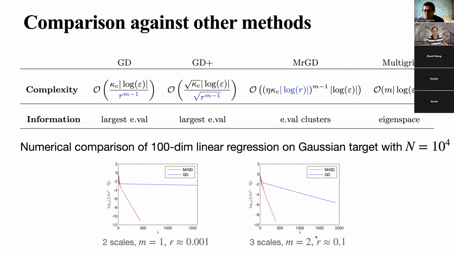Then we can achieve a faster convergence rate. And this is just 2 experiments showing the history of errors for gradient descent and this Mr. GD, solving a convex problem.